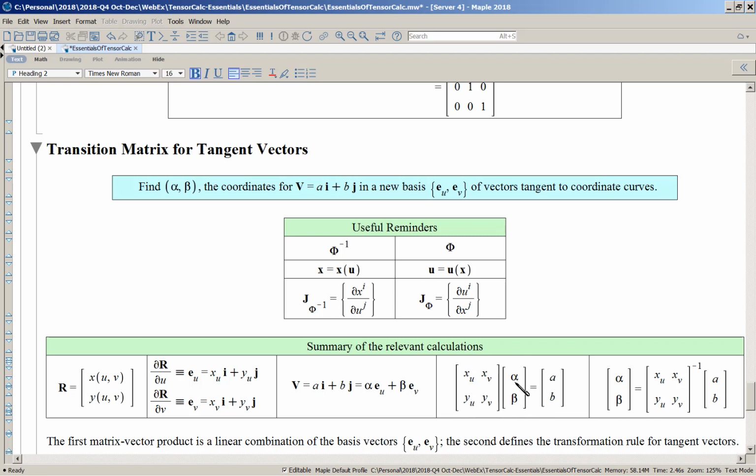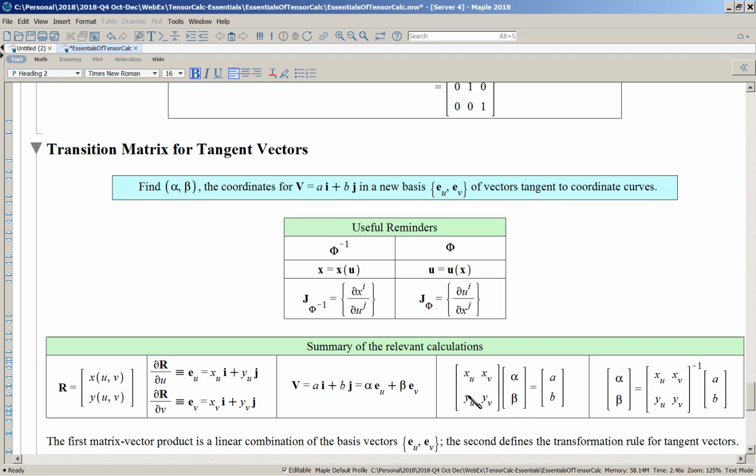And this is something that you should come out of linear algebra with, understanding that a matrix times a vector is really a linear combination of the columns of the matrix. So you're taking a linear combination, but this column is EU and this column is EV. Just look at the terms. xu, yu, xv, yv. So that linear combination is this. And it has to equal, coordinate-wise, a, b. But we would like to know these two coordinates.